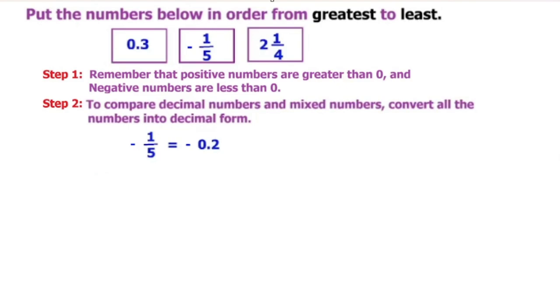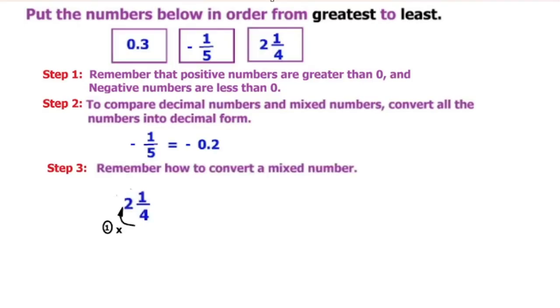Okay, so remember how to convert a mixed number. Let's convert this mixed number now into a decimal. So here's our mixed number, 2 1/4. And the first thing you do to change it into a fraction is you multiply this together. So 4 times 2. And then you add this, okay?